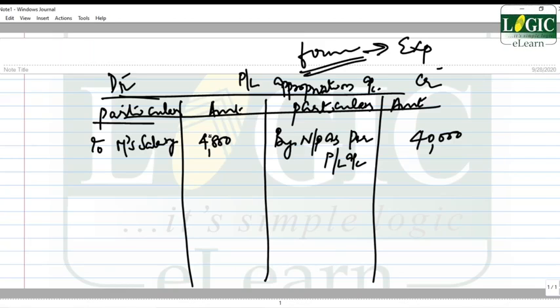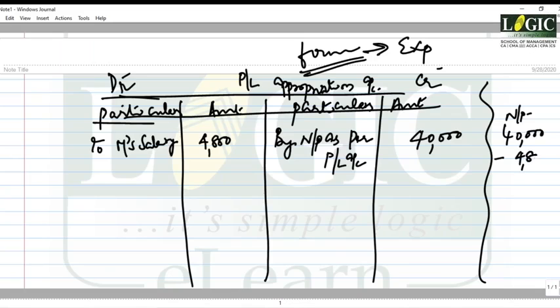So it will be 4,800. Girish, who manages the sales department, will be allowed a commission equal to 10% of the net profit, but that commission is after allowing Manish's salary. So if 40,000 is the net profit, deduct Manish's salary, that is 4,800. Whatever remains afterward, upon that he will be given 10%.